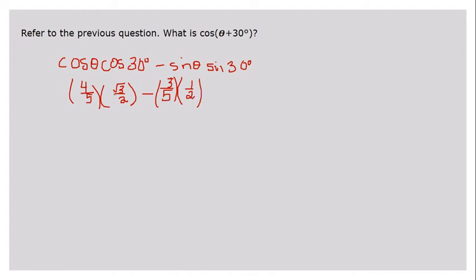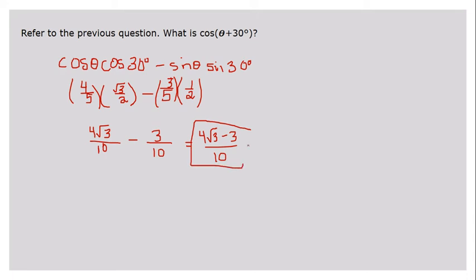Now I multiply my 4/5 times root 3 over 2, so I get 4 root 3 on the top and 5 times 2, which is 10, on the bottom, minus 3 times 1, which is 3, over 5 times 2, which is 10. Since I have the same denominator, I can subtract the tops, so I get 4 root 3 minus 3 divided by 10. And that is my answer for the cosine of theta plus 30 degrees.